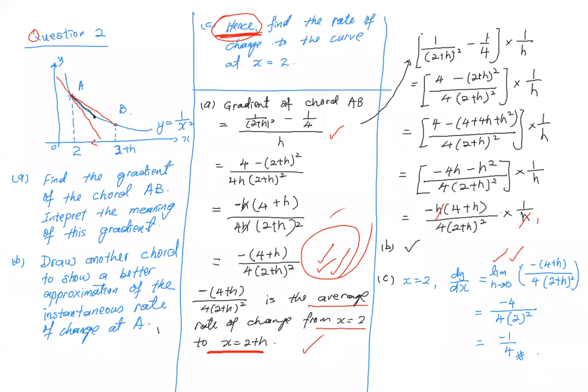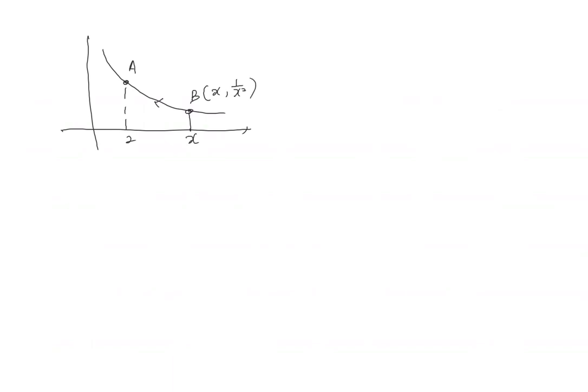But if I have a situation like this, as B moves up along the curve, what happens to my x?